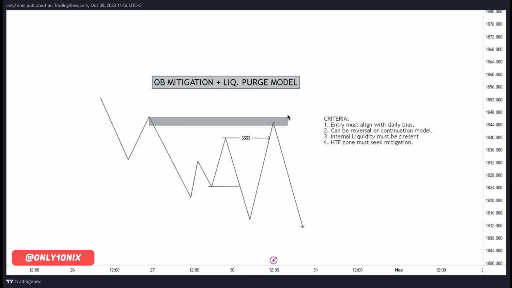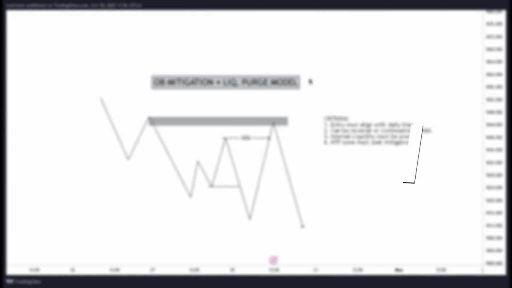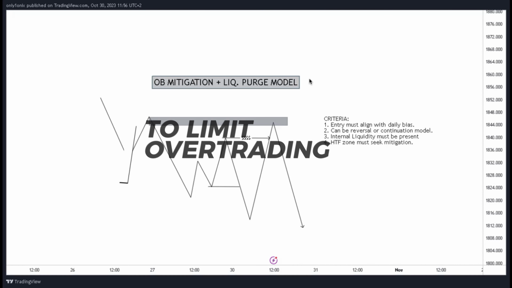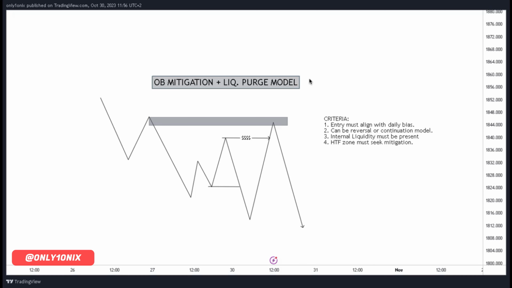The reason why I have an entry model, I trade strictly entry models, is to limit overtrading and not take trades that do not have a defined success rate. Okay. And now that we know what happens, the market attempts to fill in an order block, right?